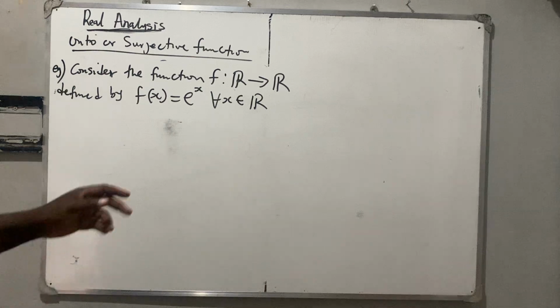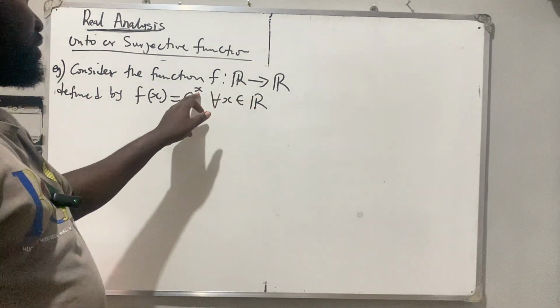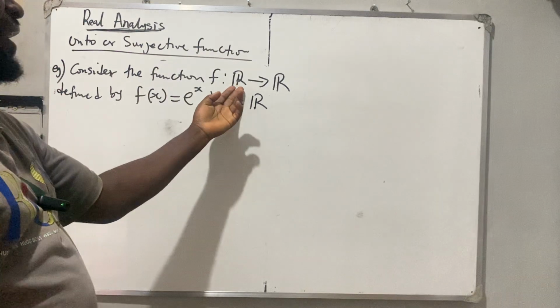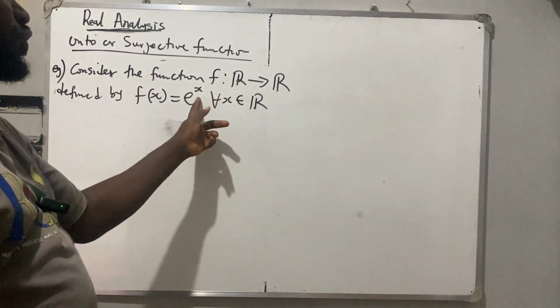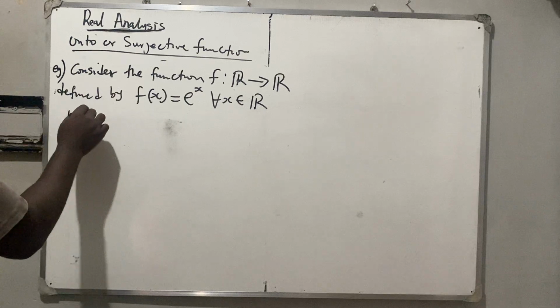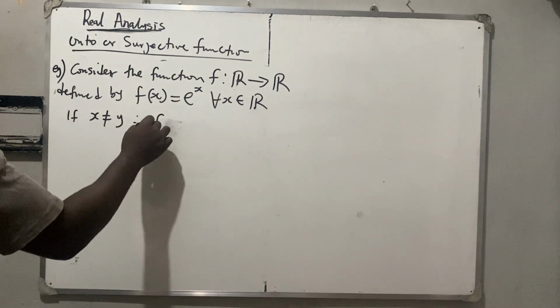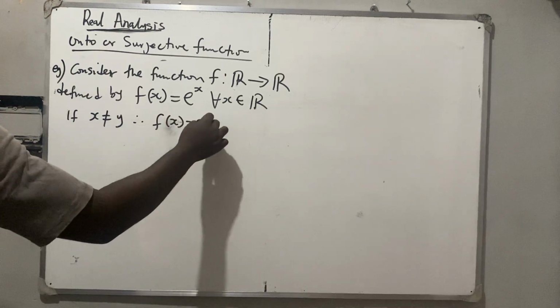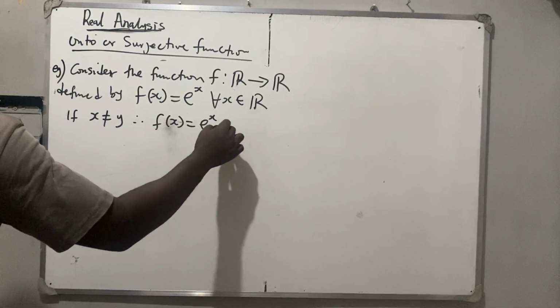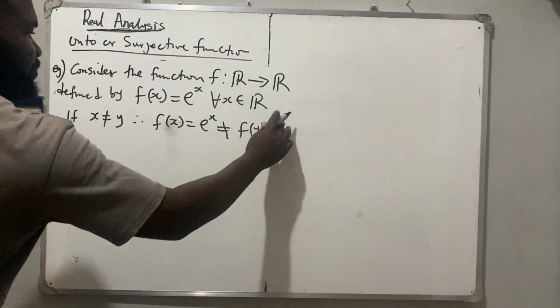Why? Because pick any element here and put it in this function, or pick two elements here that are not equal, put it in this function. In fact, if x is not equal to y, therefore f of x, which is equal to exponential x, will never be equal to f of y, which is equal to what? Exponential y.